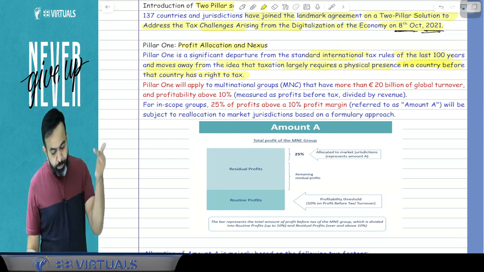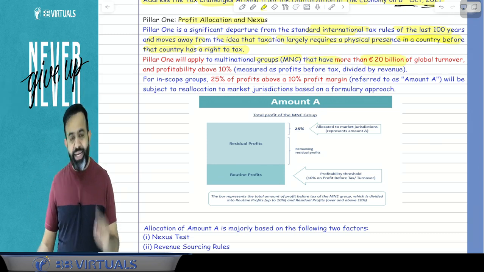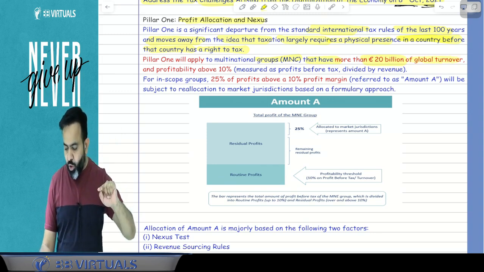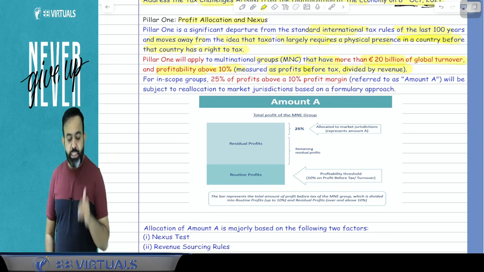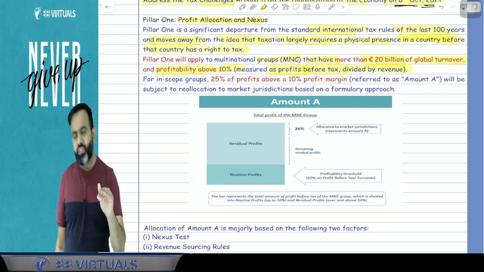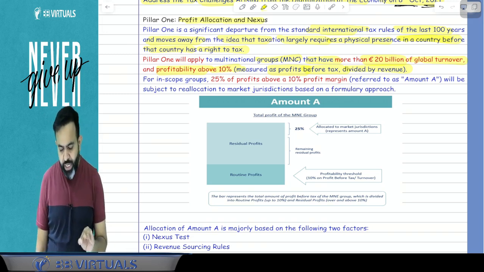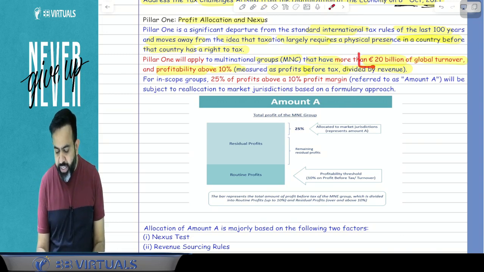So here, Pillar 1 applies to the multinational group, MNC, that has more than 20 billion euros of global turnover, and their profitability is more than 10%, measured as profit before tax divided by the revenue. So guys, this Pillar number 1 concept is applicable only to the MNC or multinational company which has a global turnover of 20 billion euros.